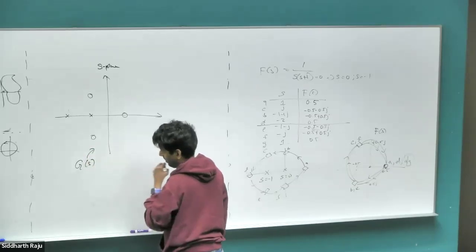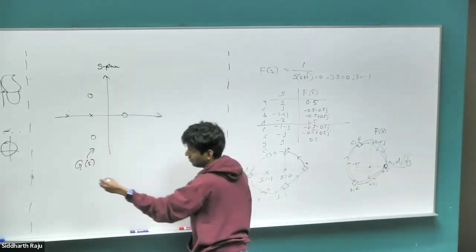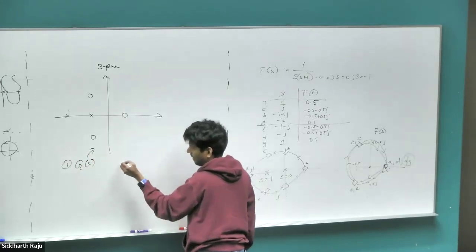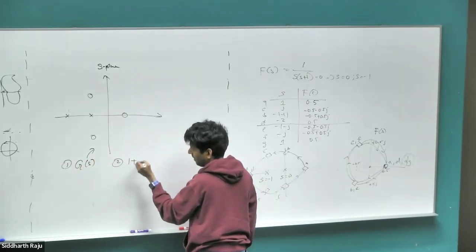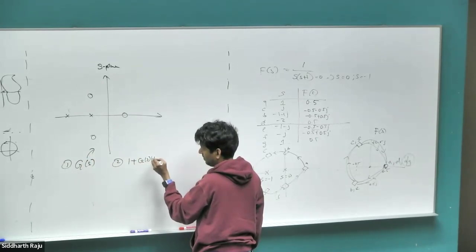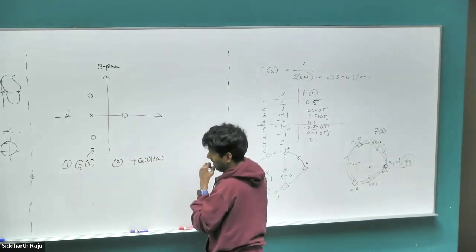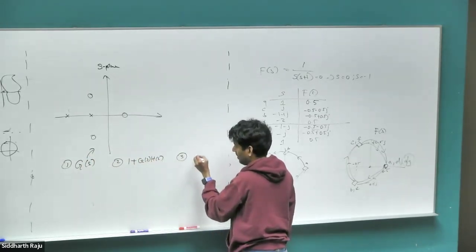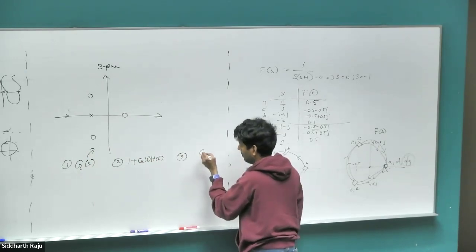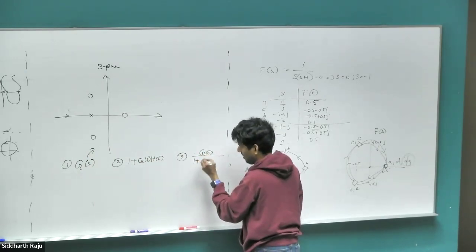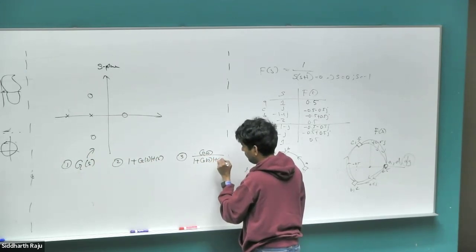Let's say this represents a transfer function g of s in case 1. Let's say the same diagram represents the transfer function 1 plus g of s h of s. And in the third case, it represents the closed loop transfer function, g of s divided by 1 plus g of s h of s.